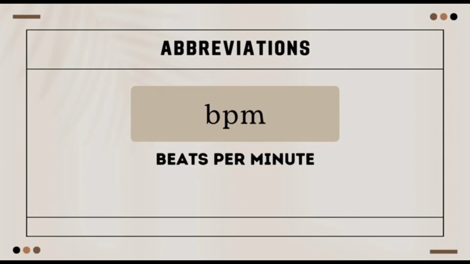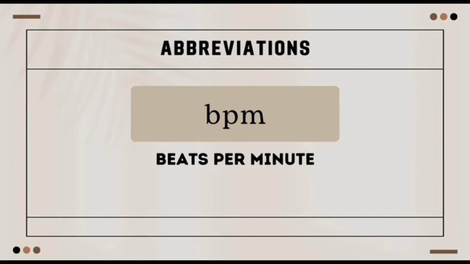Next, the abbreviation BPM, or beats per minute, comes from the musical term tempo, which refers to the speed or pace of a musical composition. In the 1980s, as electronic dance music or EDM began to gain popularity, DJs and producers started using metronomes and drum machines to create precise and repetitive beats.